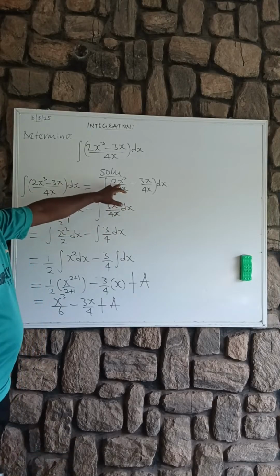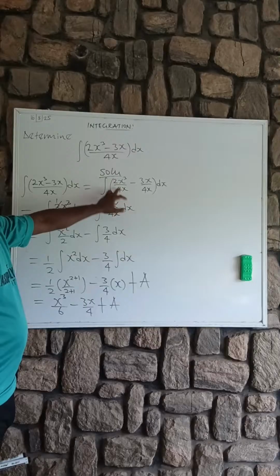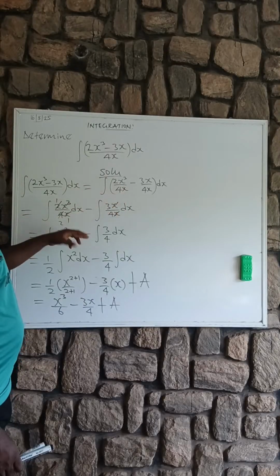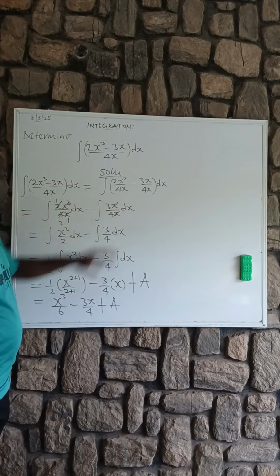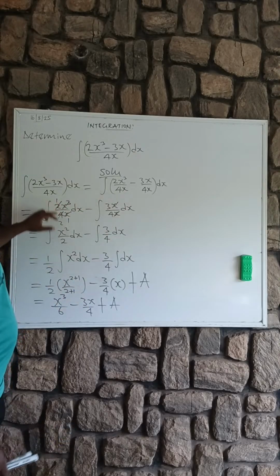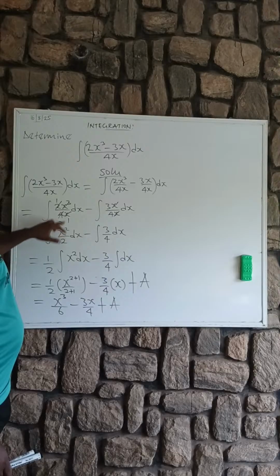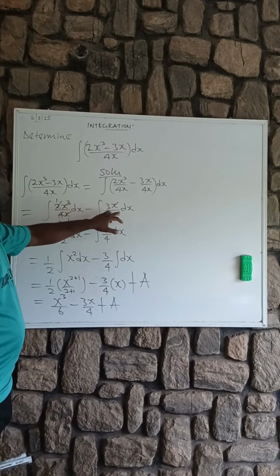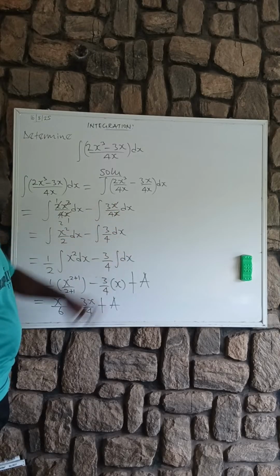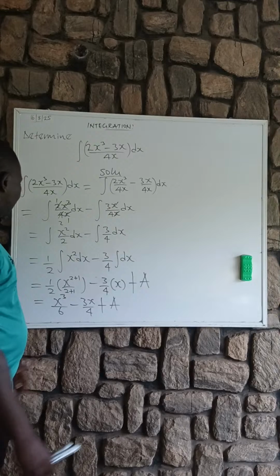Then we can see that 2 can divide itself, 2 into 2 is 1, 2 into 4 is 2. Then x cubed over x is x squared dx minus 3 all over 4 dx. True or false?